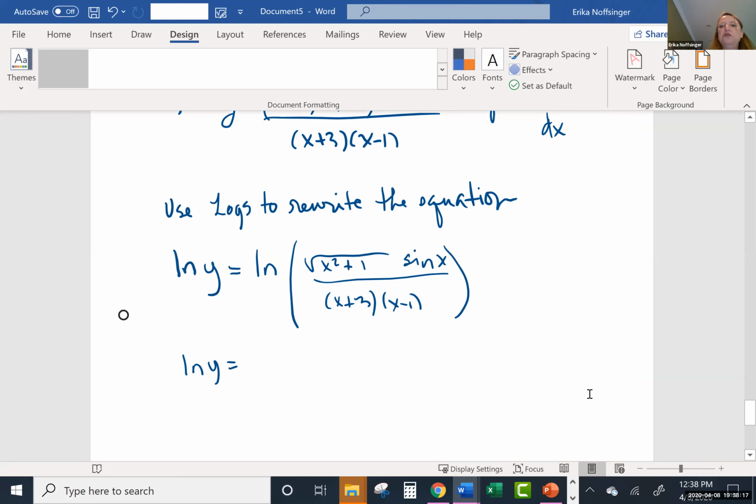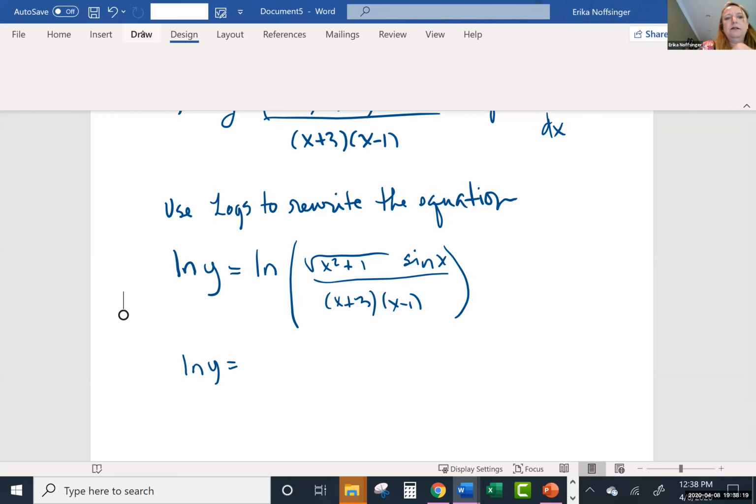So now we want to use properties of logs to rewrite this as a sum or difference of multiple logs. And so I noticed that we have division. So I can break down the division with subtraction. So that would be the natural log of my numerator minus the natural log of my denominator.